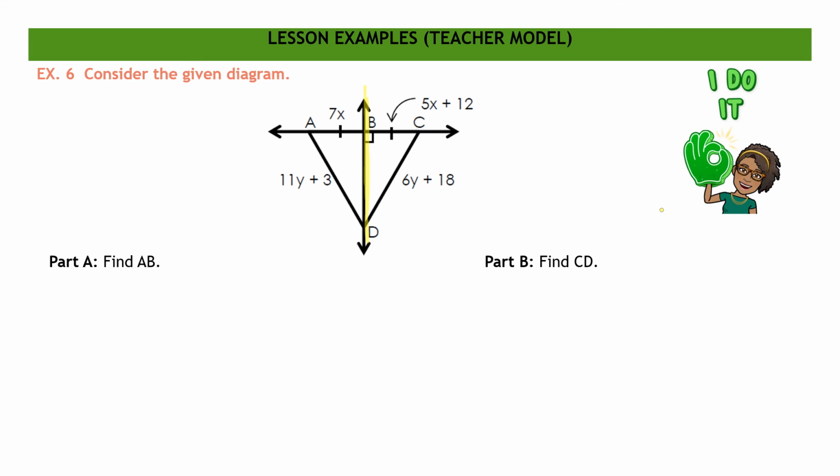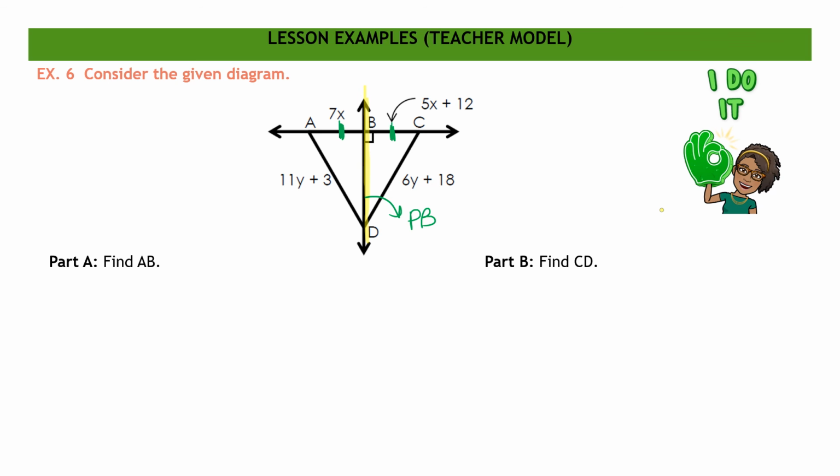And it tells us here, based on that information, that from B to A is the same measure, or is congruent to B to C. So that tells me that B is on the perpendicular bisector. And if B is on the perpendicular bisector, then that means that BD is our PB, perpendicular bisector.